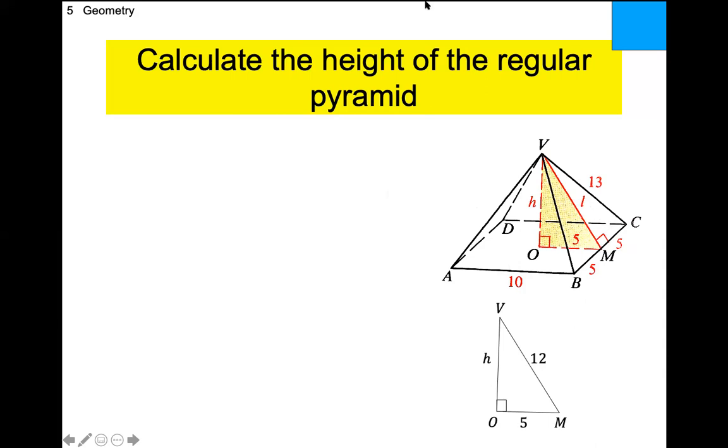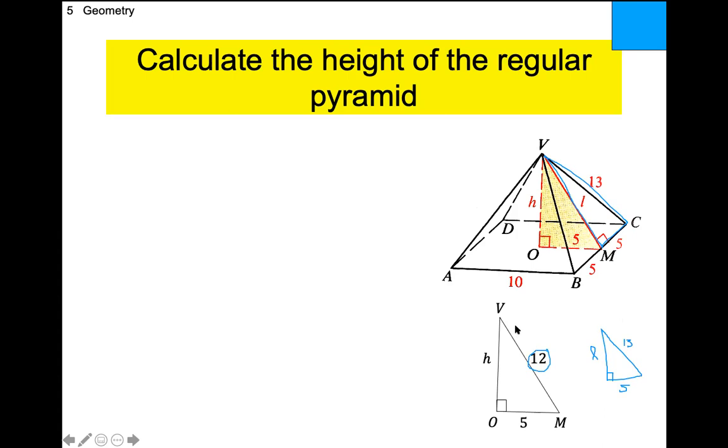Remember the triangle? I'll draw it for you real quick for those of you that aren't paying attention. This triangle right here, VMC, I'll draw it right here. This was your L. I always put cursive. This was 5 and this was 13. If you use the Pythagorean theorem, 13 squared is 169. Subtract 5 squared, 25. You get 144. So L is 12. That's where we're getting that from.